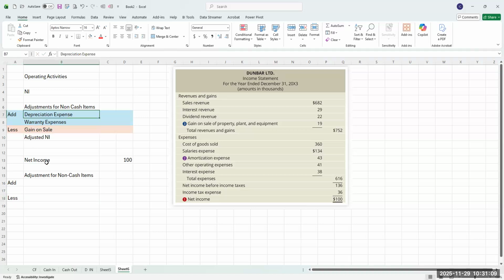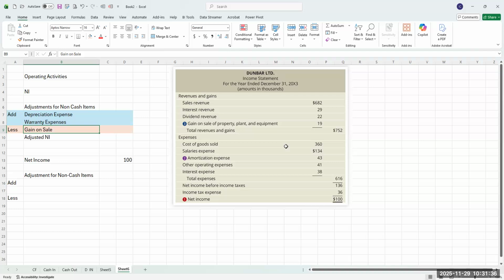What we're going to add back? We're going to add back if we have depreciation or amortization expense. And we're going to deduct if we have a gain. So let's start with the expenses. First, we have cost of goods sold, most likely that's cash. Salary expenses, definitely cash. Then we have amortization expense. Is that a cash item?